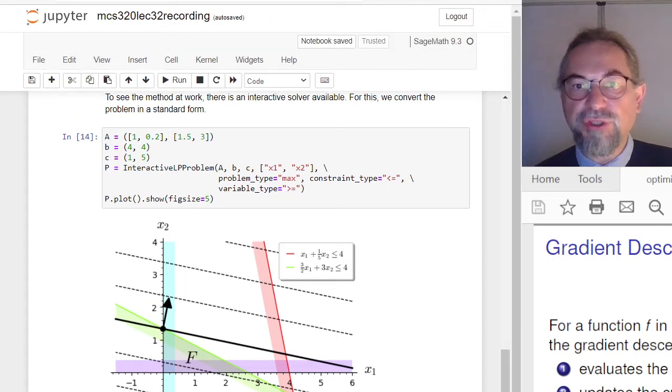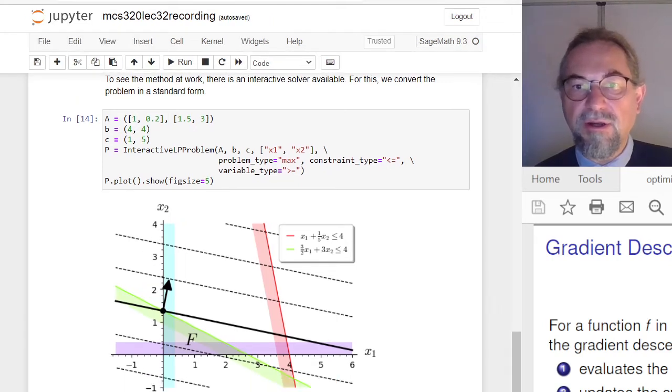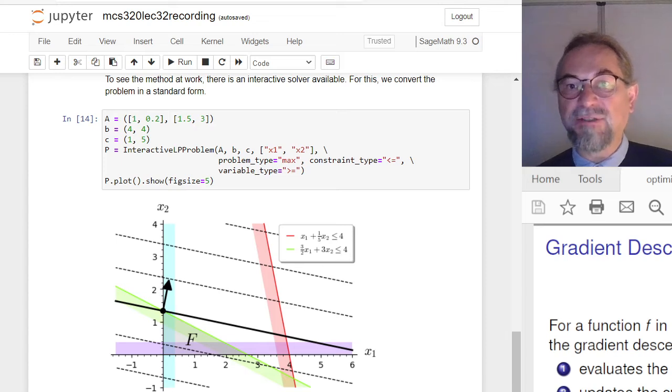So we have the coefficient matrix, the right hand side, the 4, 4, then the cost vector, where we have 1 and 5 of the coefficients. The symbols that will be used in the interactive problem, it's an optimization problem. Here it is brought in the standard form. So with this way of working, we will have the interactive solver that we can show.